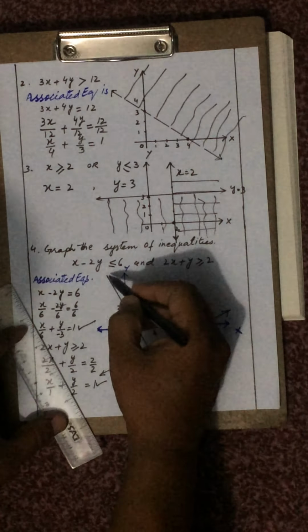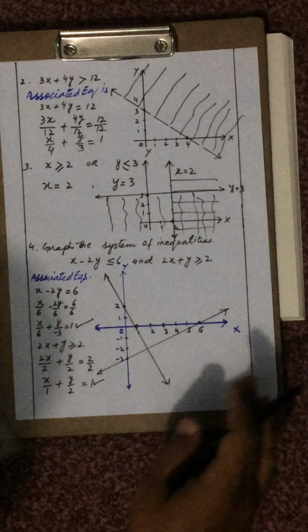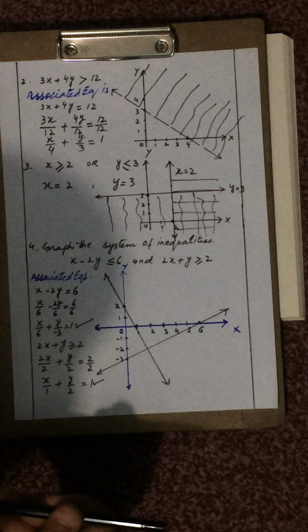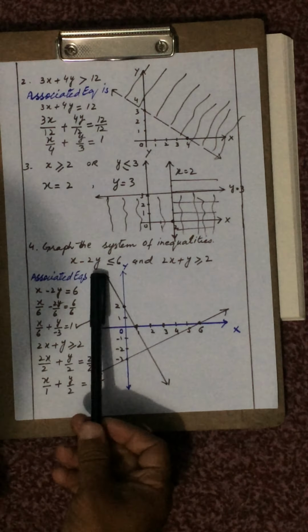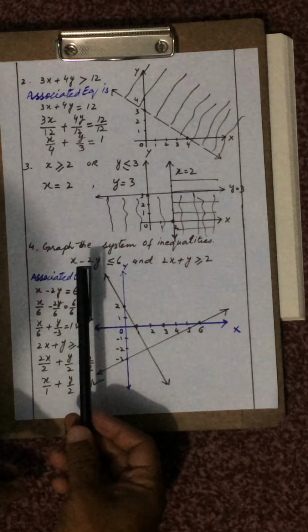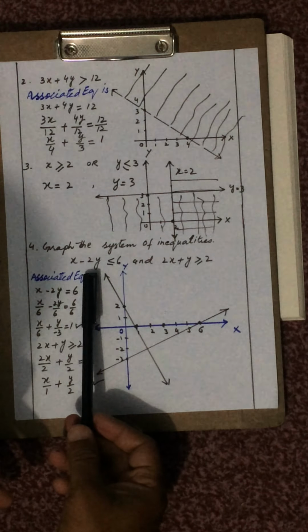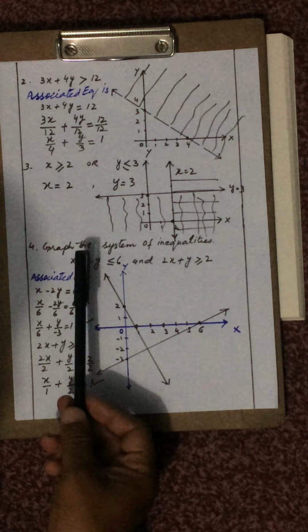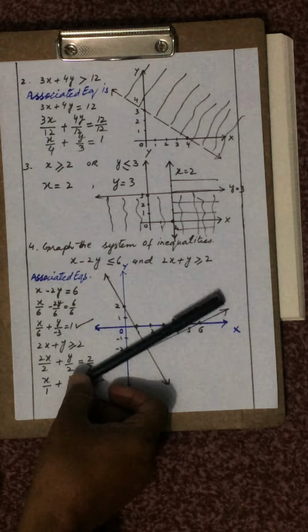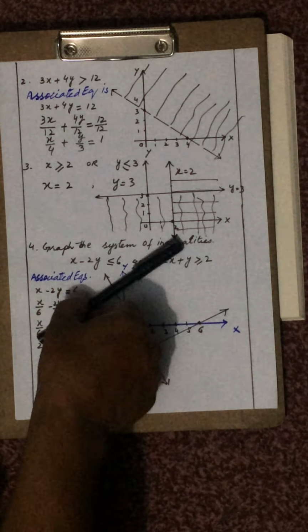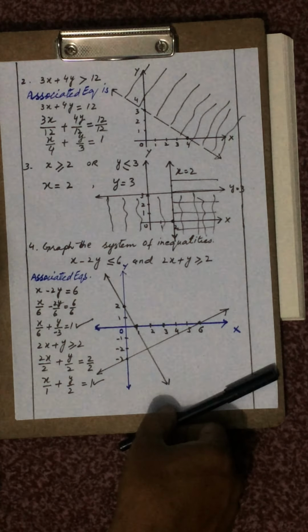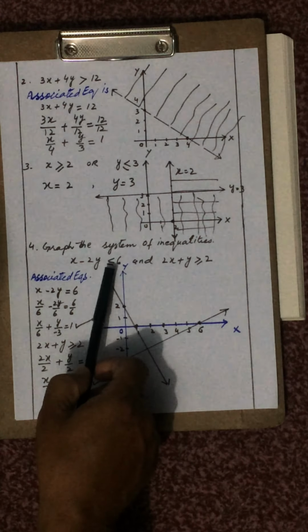Now we shade these two inequalities, because we know that whenever we draw the graph of an inequality, it is a half plane. Its half plane is on either this side or the downward side, because there is a less than sign.